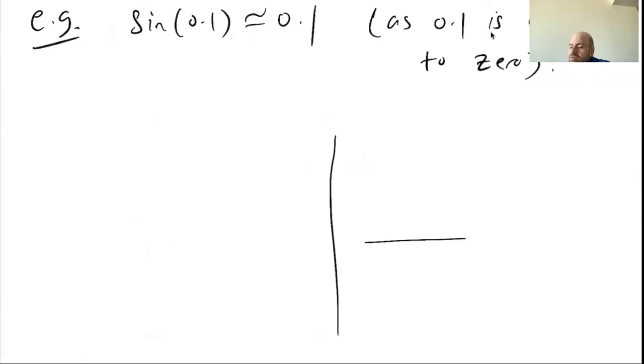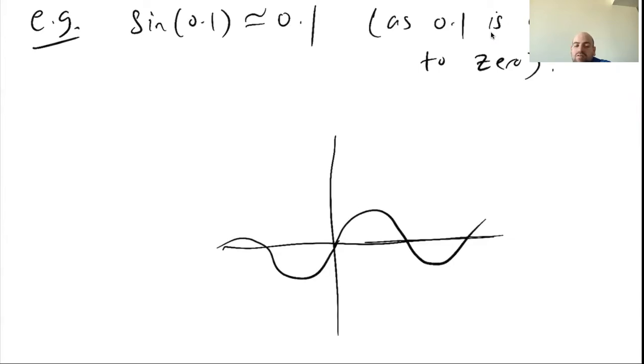I can also show you in the graph why we are saying that. This is a very interesting phenomenon: y equals x is an approximation for sine x. But the picture also suggests this. Look at the graph of sine x and the graph of y equals x.